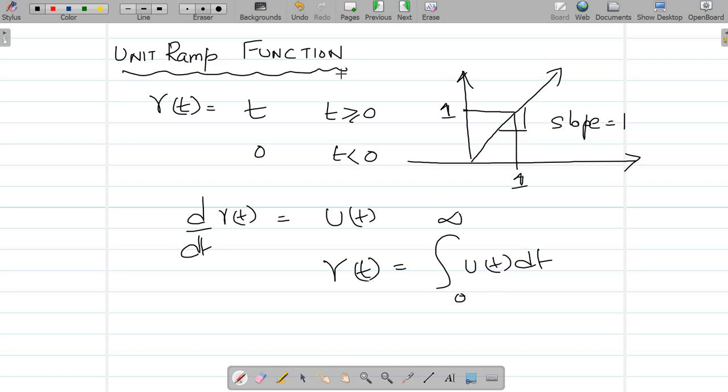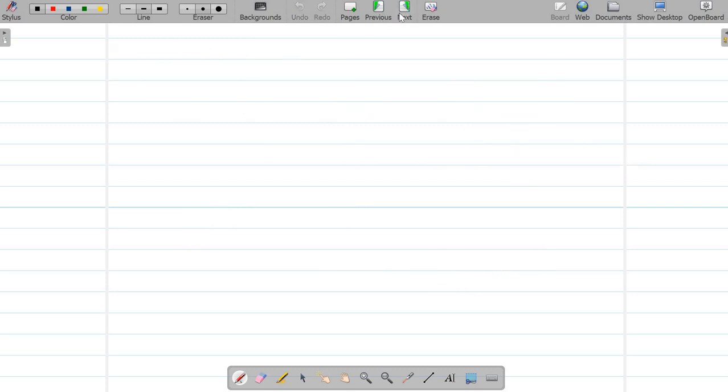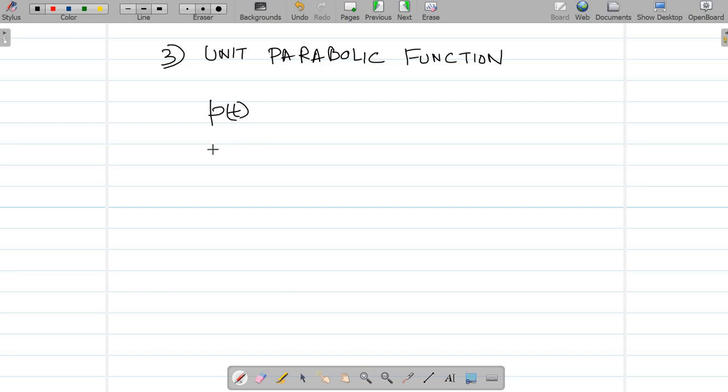Okay. So the next function, let us take up the unit parabolic function. The unit parabolic function is the third elementary signal that we are going to study. The unit step function is denoted as u of t, the unit ramp function was denoted as r of t, and the parabolic function is represented as p of t.